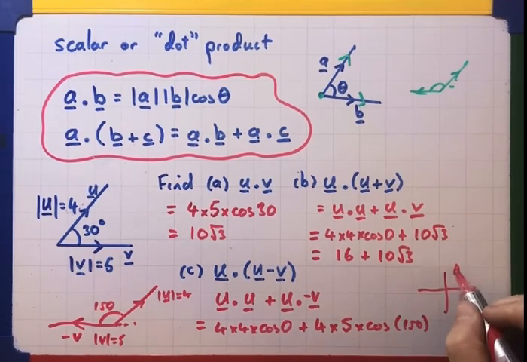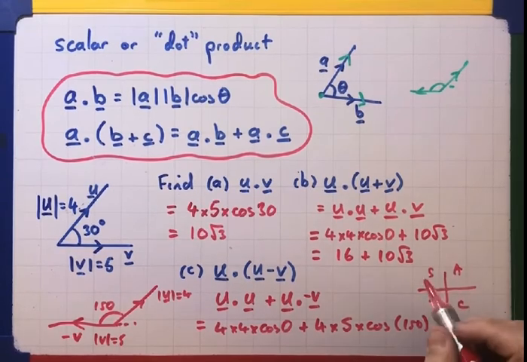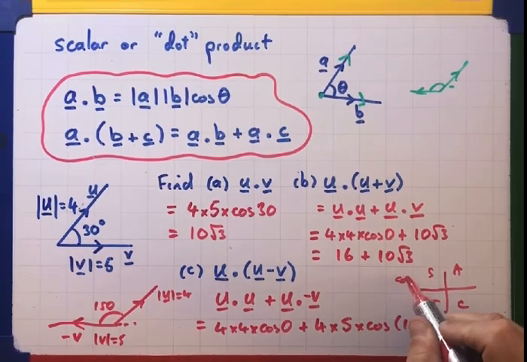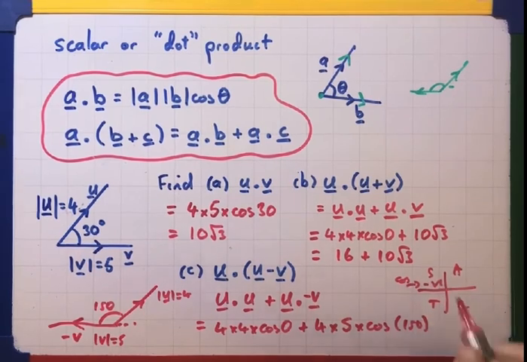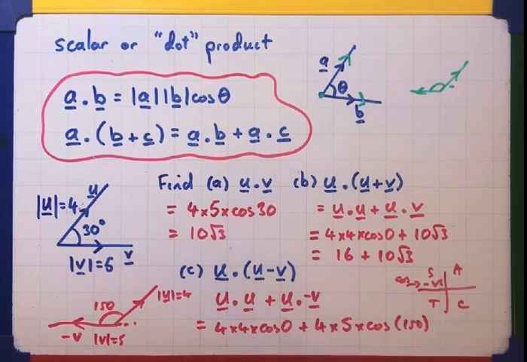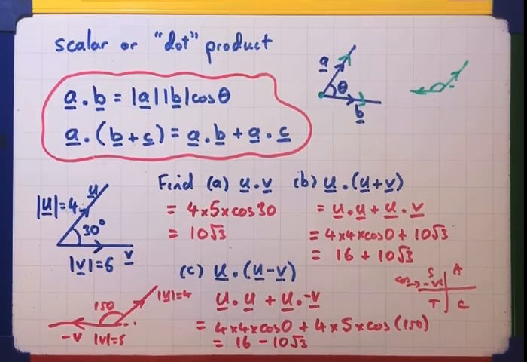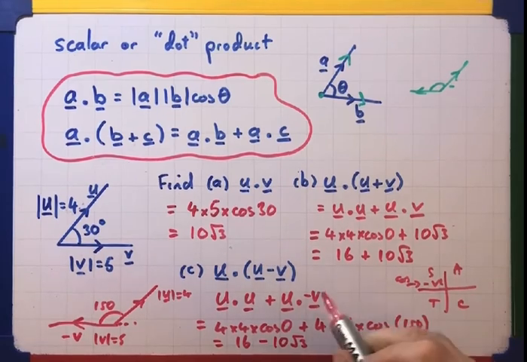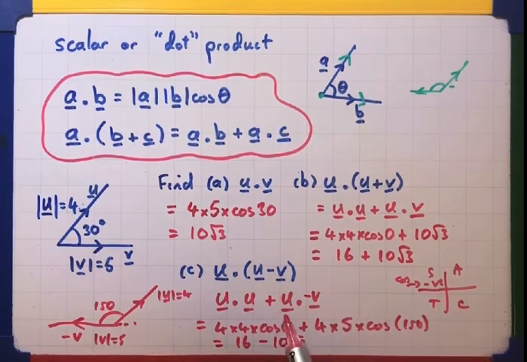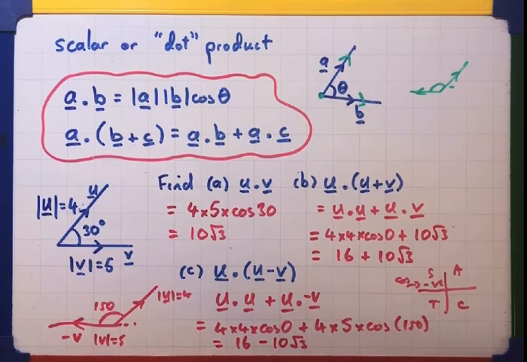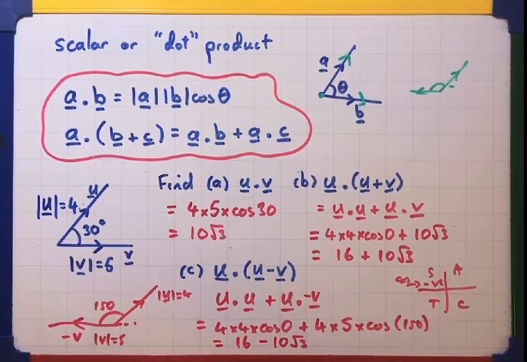All sine, tan, cos: second quadrant, cos is therefore going to be negative, so it's the same as minus cos of 30. So that gives me 16 minus 10 root 3. We could have done the other way, I suppose, which is u dot u minus u dot v. It gives you the same answer, 16 minus 10 root 3, either way.